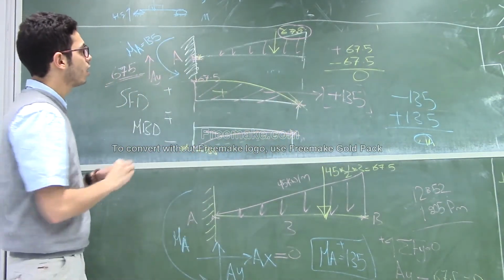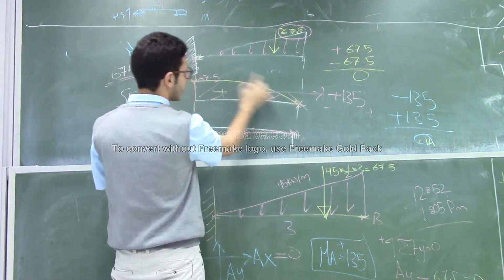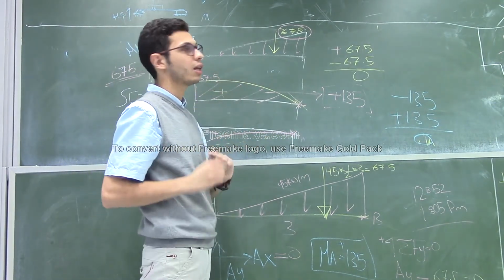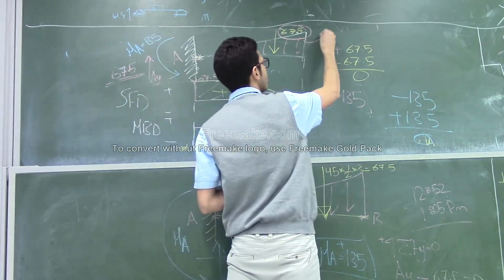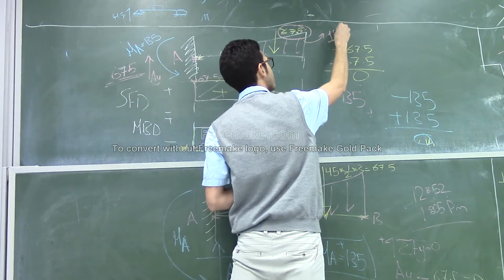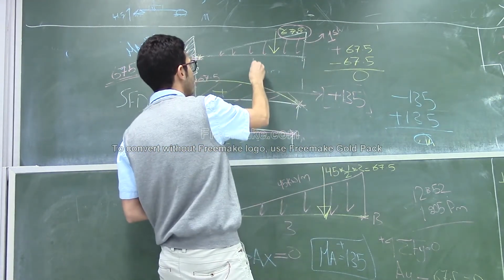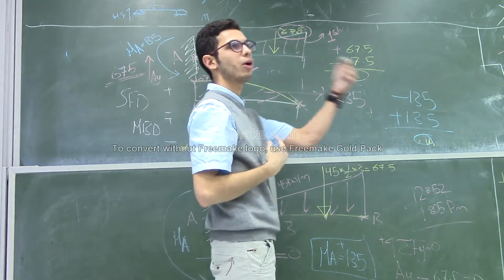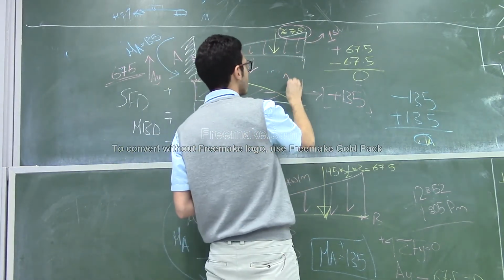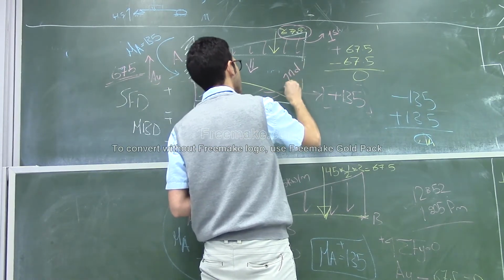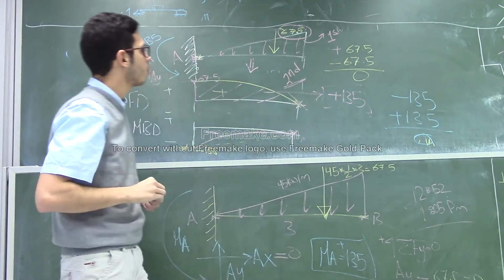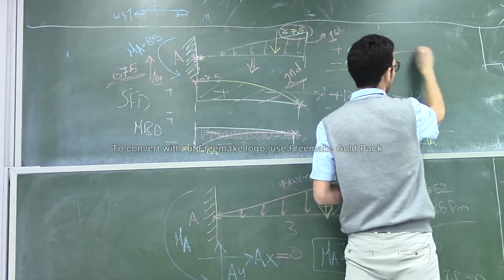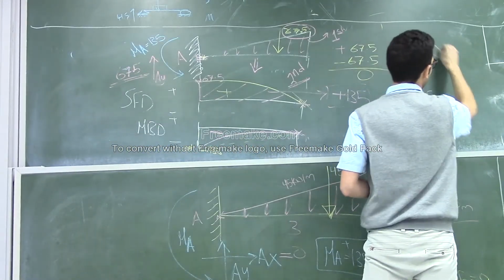Okay? So, now, how should I connect between these points? Here we have a triangle. The triangle is a first degree function. When you move to the shear diagram, the power of this degree increases by 1. That means here you will get a second degree curve. Now, there are two options for the curve, like this or like this.